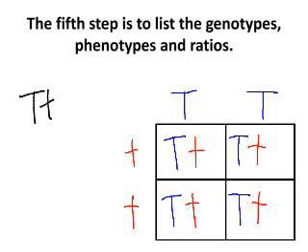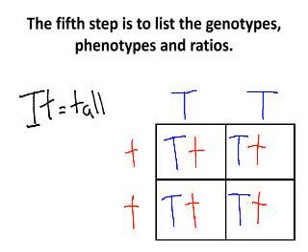Then, once you've listed every genotype, you determine what the phenotype would be. So if you remember that the capital T is dominant, and that is the allele that codes for tall, this plant will be tall.